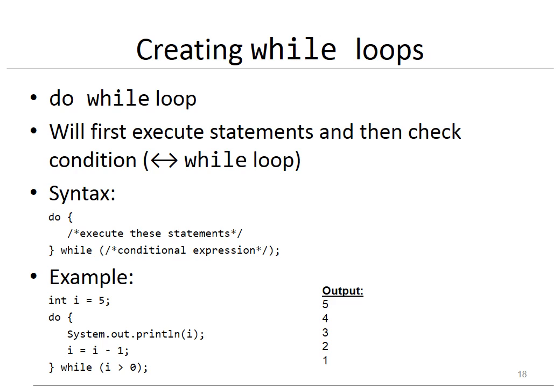Without evaluating any condition, the loop statements are executed. The value of I is printed and decreased with 1 unit. Then, the loop condition I bigger than 0 is evaluated and the loop repeated until the condition evaluates to false. A do-while loop can be useful when you want to ensure the statements in the loop are executed at least the first time.